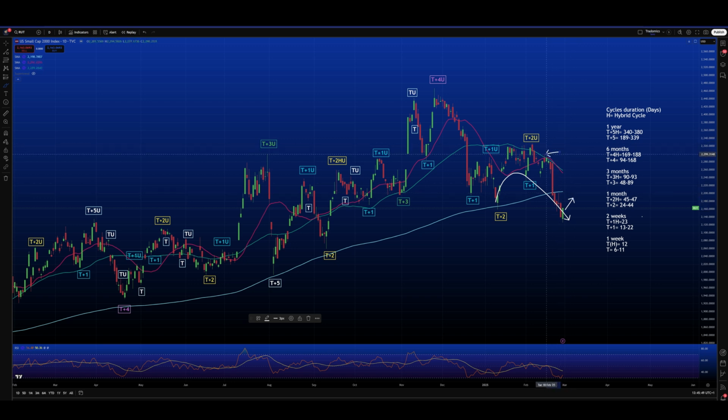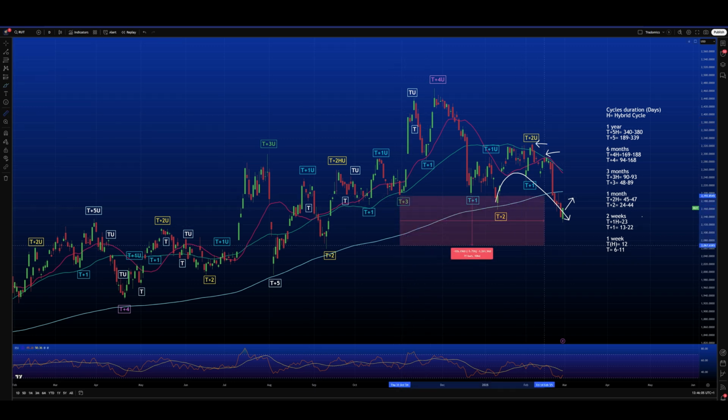This top here and this top here have to be carefully monitored, especially if from this low we will have the beginning of a new cycle that is a T plus 2 or a T plus 3. In terms of total duration of this T plus 3, we averaged roughly 80 bars, 79, 80 bars.